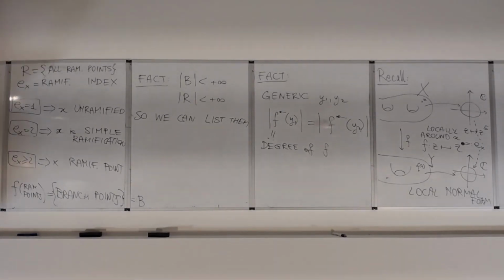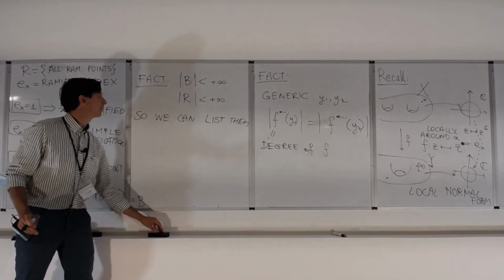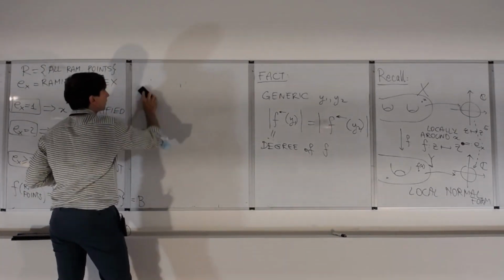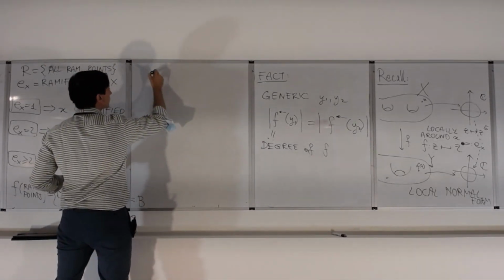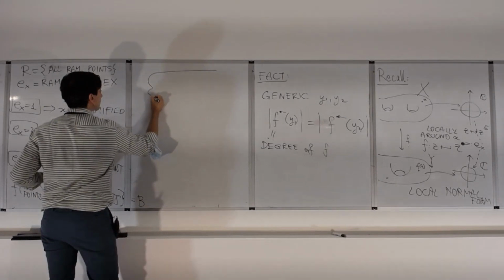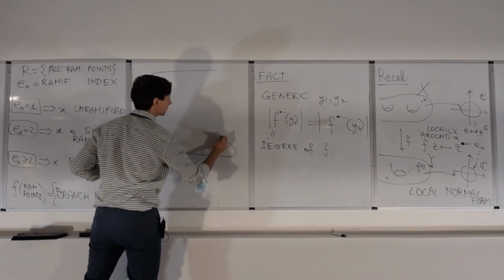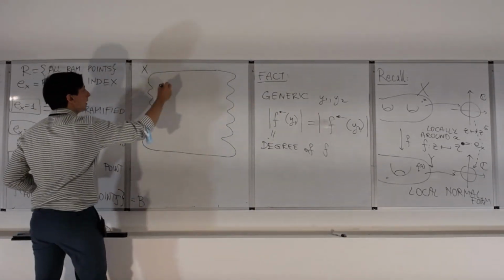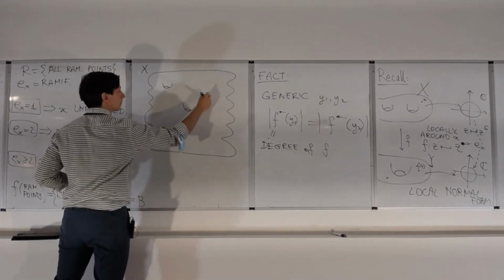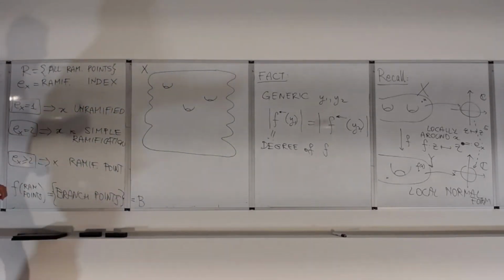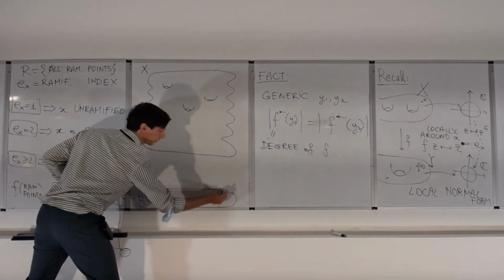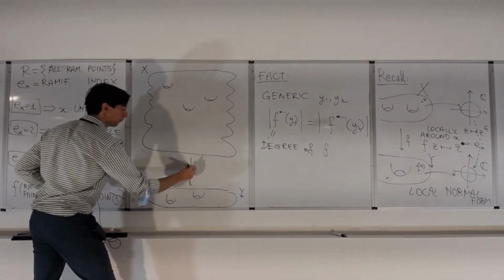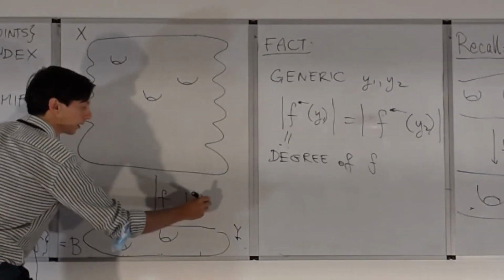So now you can see the picture is a little bit like that. You have some surface upstairs, and this is my X, and I have some genus. And downstairs I also have some genus. This is my Y. And I want to look at maps F, which are holomorphic, between two Riemann surfaces.